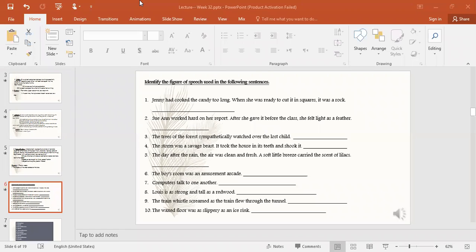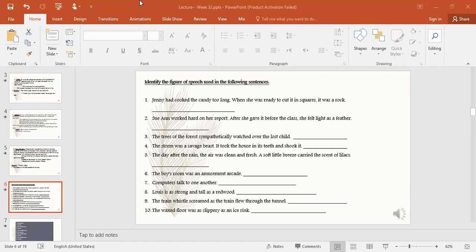Yes, miss, are you ready? Yes. Number 1, Zahra. Number 1: Jenny had cooked the candy too long. When she was ready to cut in squares, it was a rock.